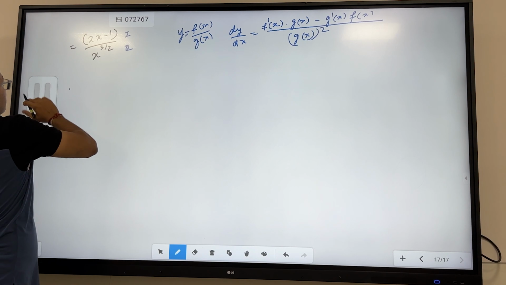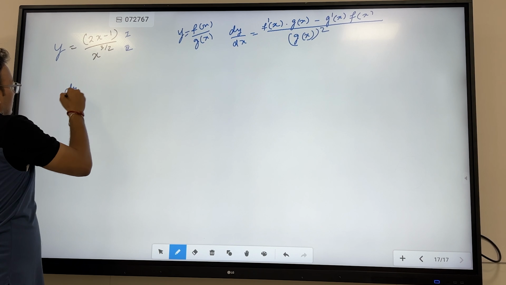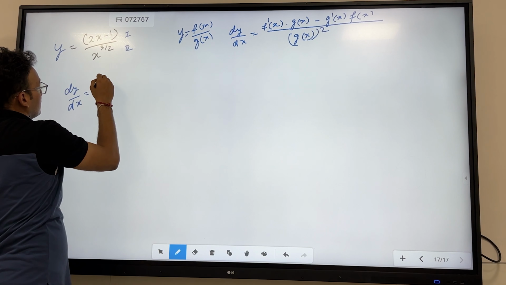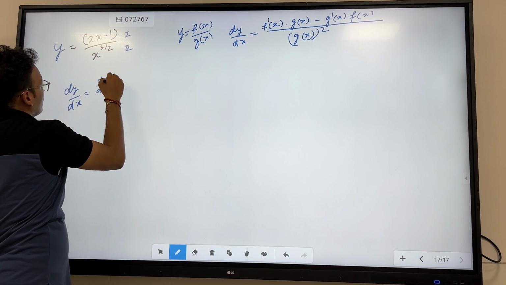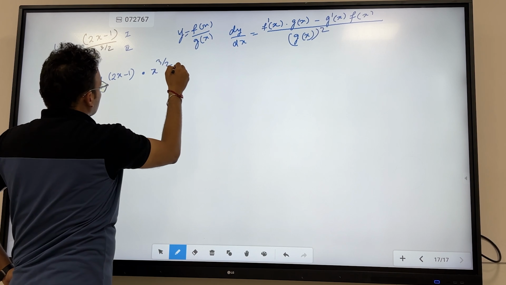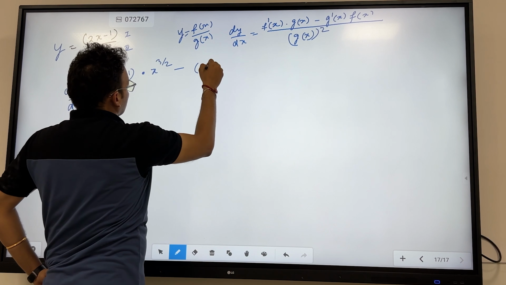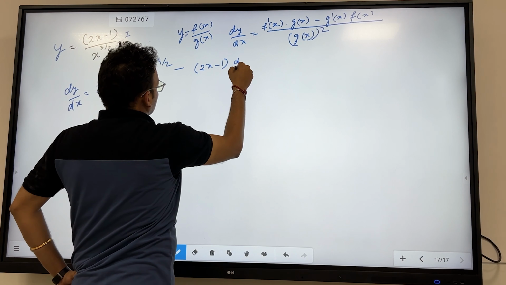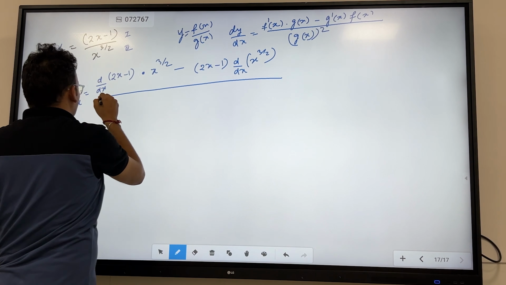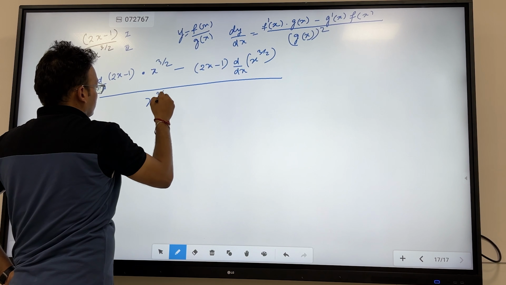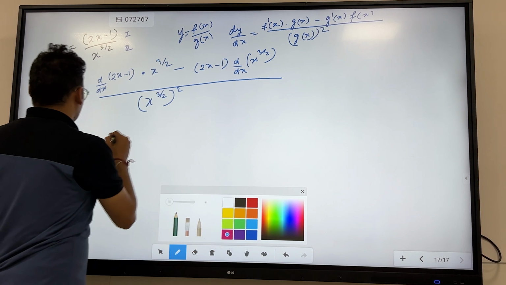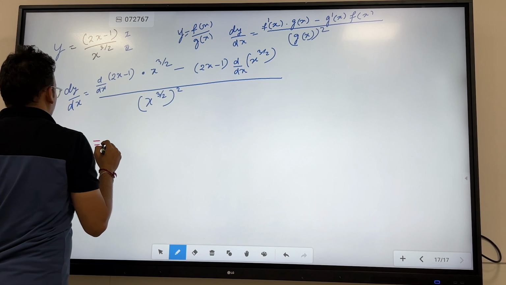Let's write dy over dx, right? So can I say the differentiation of the first function, d by dx of 2x minus 1, times the second function as it is, minus the first function as it is times d by dx of the second function, divided by x^(3/2) whole squared.